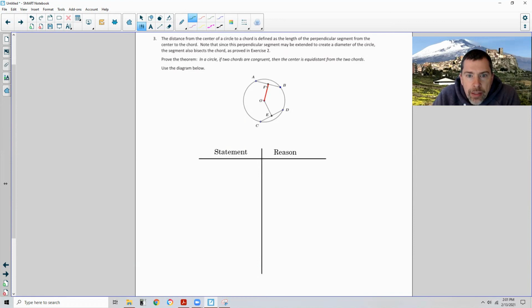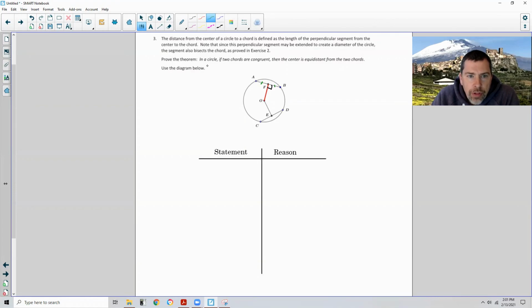So that means that this is a right angle. Note that since this perpendicular segment may be extended to create a diameter, so I could extend this to here and then continue over to here, of the circle, the segment also bisects the chord. So then we also know that AF is congruent to BF. Okay, and it's proved in exercise 2.